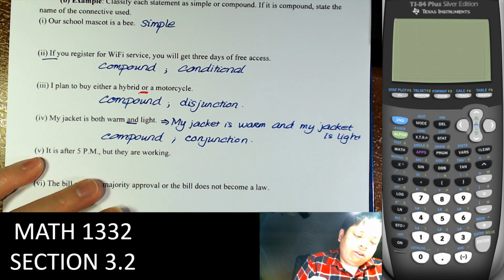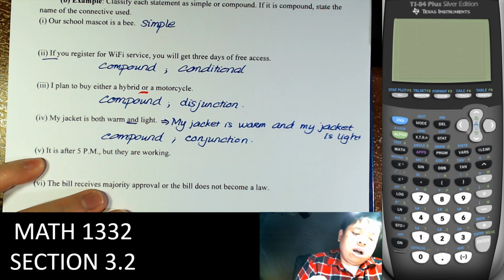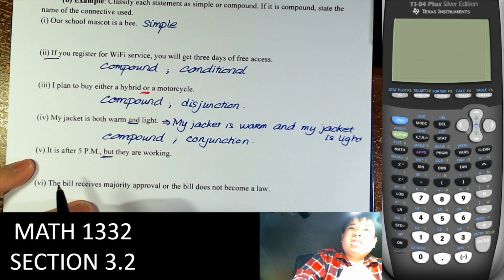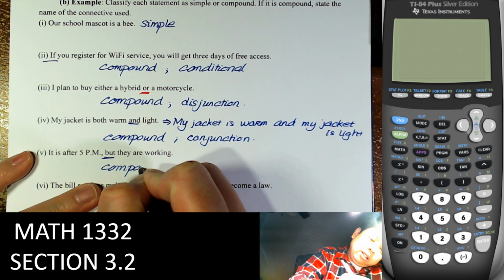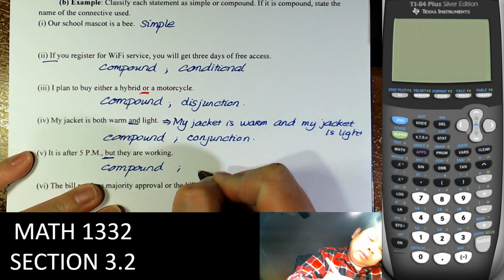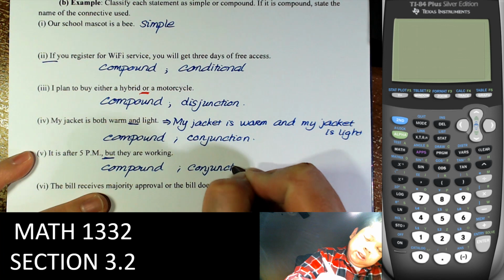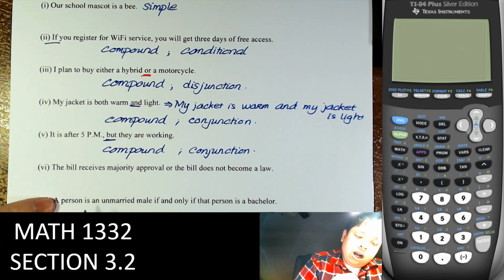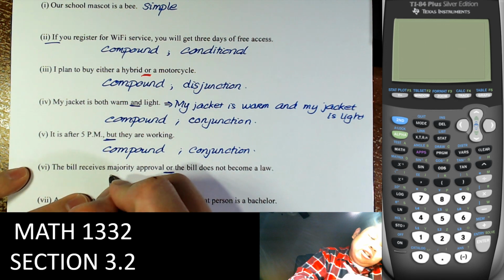Next, it is after 5 p.m. but I am not working. The "but" here is just like "and." So it's compound and a conjunction. Next, the bill received majority approval, or that is obvious.